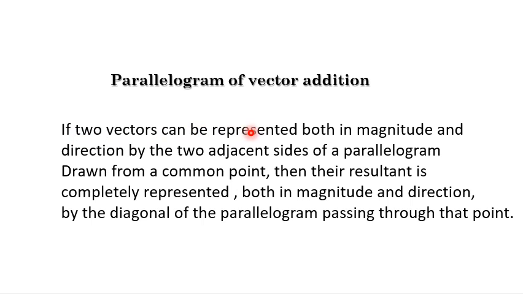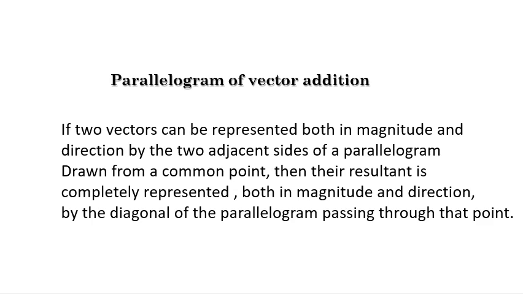If two vectors can be represented both in magnitude and direction by the two adjacent sides of a parallelogram drawn from a common point, then their resultant is completely represented both in magnitude and direction by the diagonal of the parallelogram passing through that point.